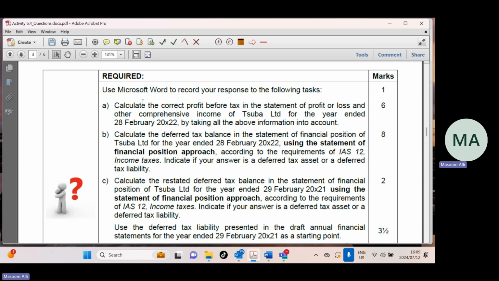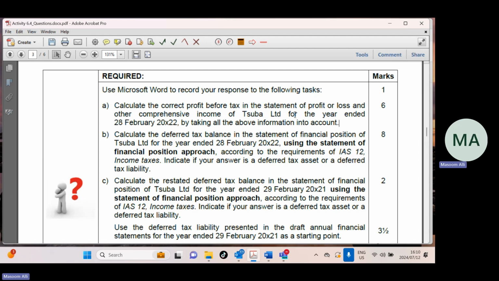Now, what the question asks here, part A, is to calculate the correct profit before tax in the statement of profits or loss and other comprehensive income of Tsuba Limited for the year ended 28 February 2022 by taking all the above information into account. So this is our starting point.